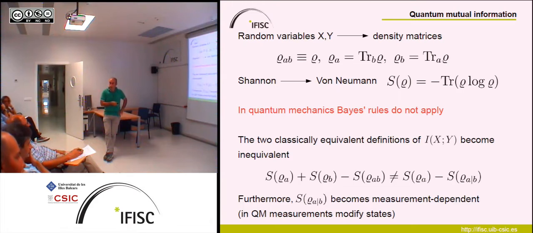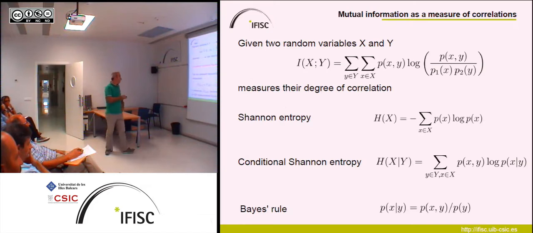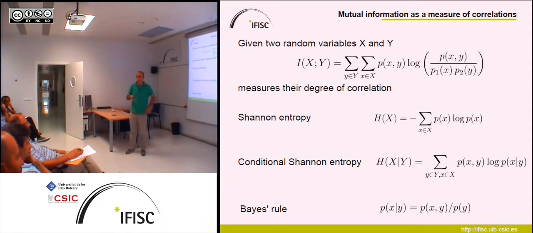And how have you defined rho A conditioned by B? I just quantize this expression. I will have the sum over the elements of the measurement i, p_i for S of rho A given B equal to i.